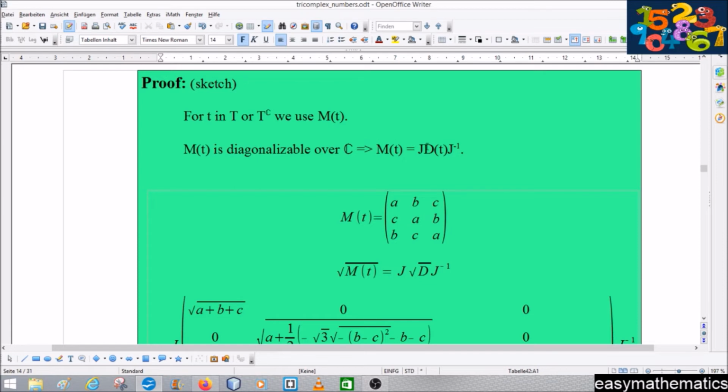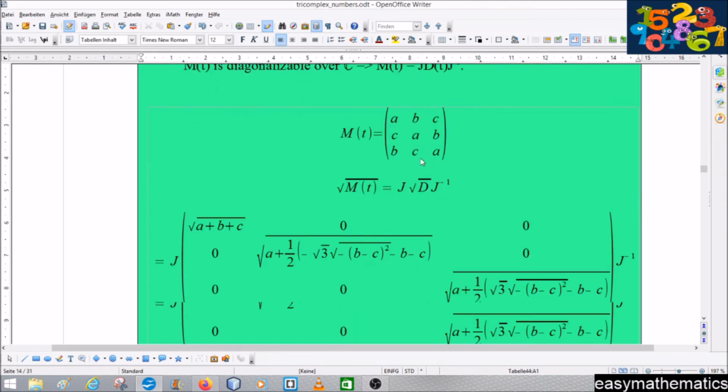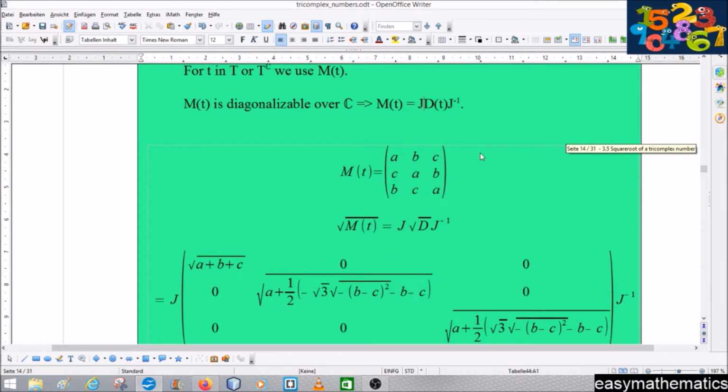So we can find the diagonal matrix D and transformation matrices J and its inverse. You know that on the diagonal there are the eigenvalues and the columns of J are the eigenvectors. And then we can apply a function to a matrix, and if we diagonalize it, then the function only affects the diagonal matrix and not the transformation matrices, and this is a very nice property, and we will use this here.